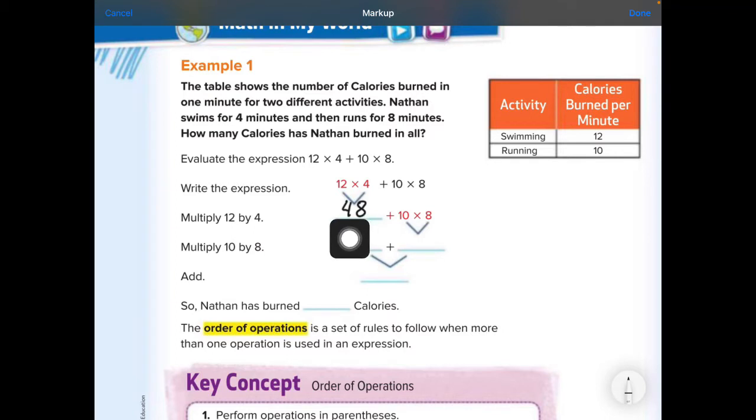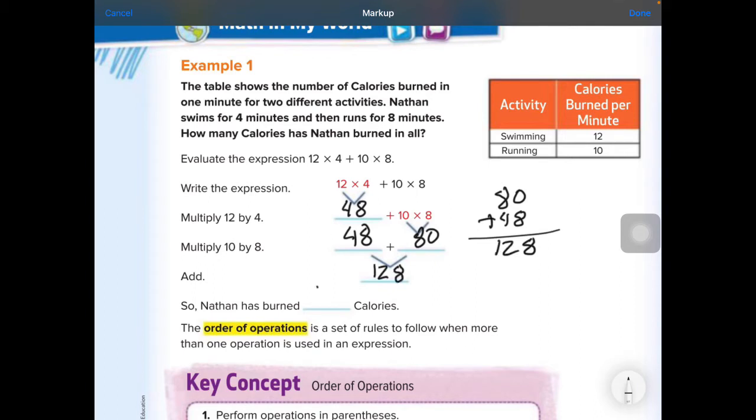So our new expression says 48 plus 10 times 8. Now we do the 10 times 8, and that equals 80. But we need to bring our 48 down so we can see what our new expression is. Now we have 48 plus 80, and if I go over to the side and add them together, I get 128. So Nathan burned 128.